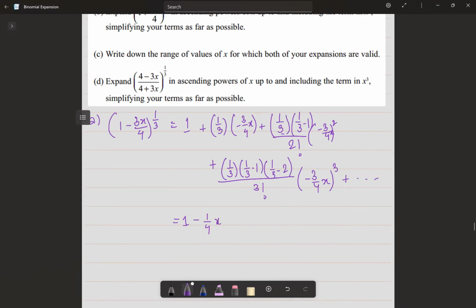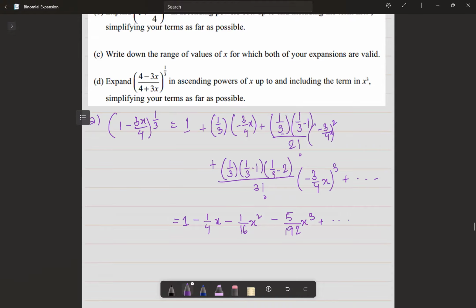For the next one, we are going to get minus 1 by 16 x squared. And for the next calculation, we are going to get minus 5 by 192 x cube. And we will not write the other terms.